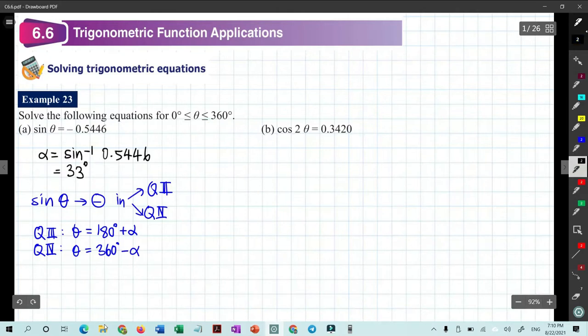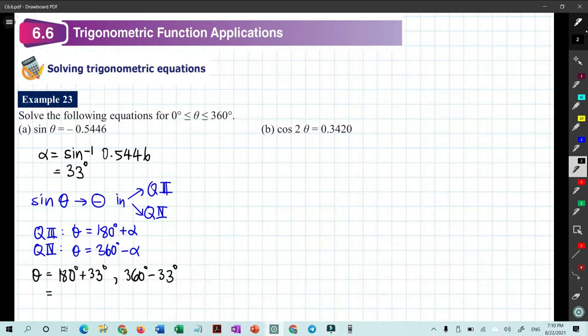So in this case, theta is equal to 180 plus 33 and 360 degrees minus 33, and the value of theta is equal to 313 degrees and 327 degrees. Okay. Let's look at question B.